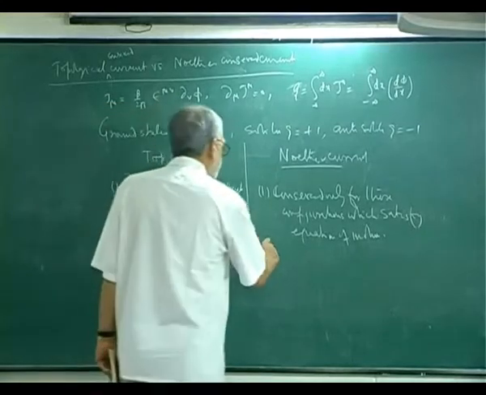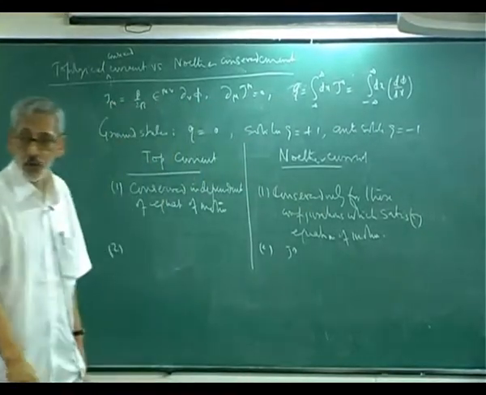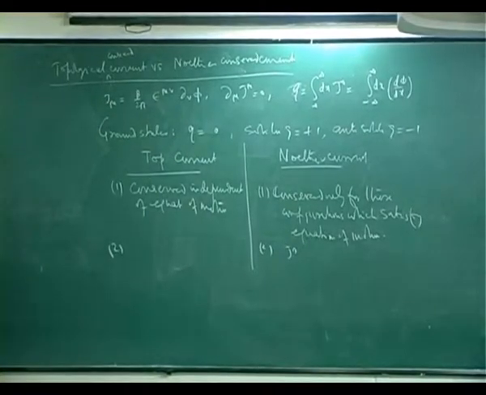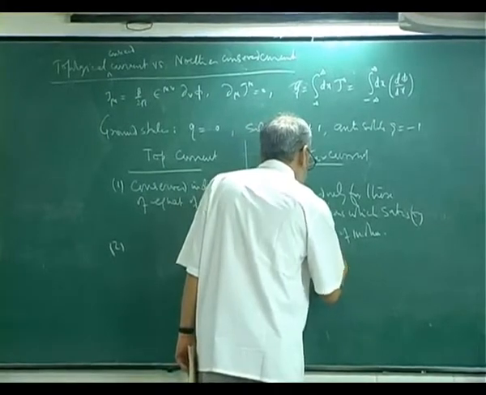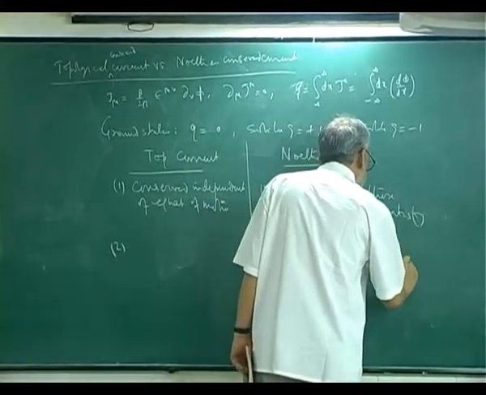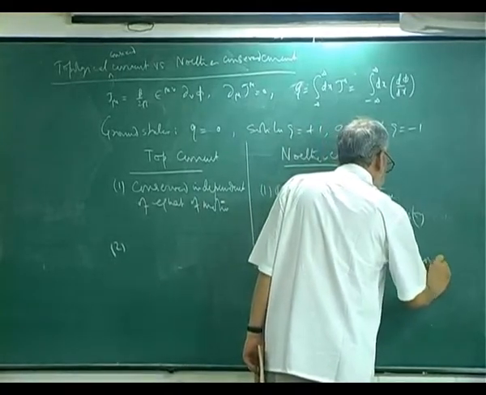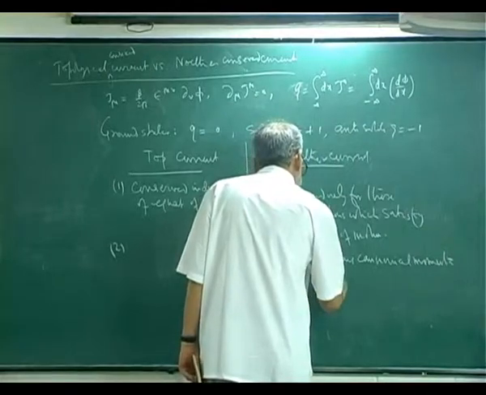Second property: J0, the zeroth component of the current, contains canonical momenta of the theory.